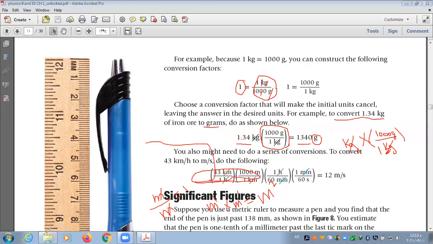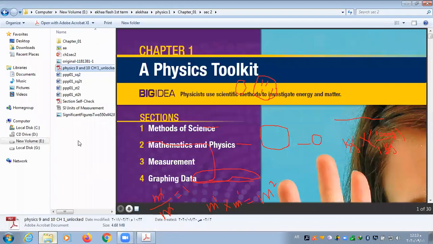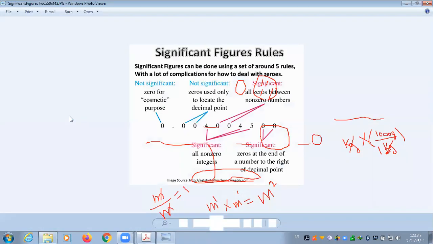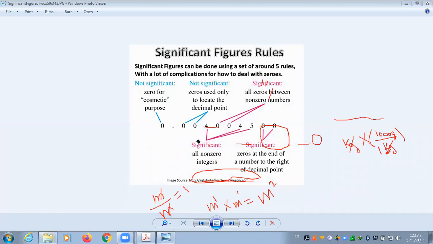Then we talked about significant figures, and it's a very important topic. We said you have to pay attention to this one. Like this one here, and pay attention, here we have a point. We don't have a comma.